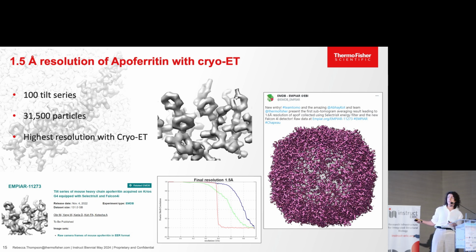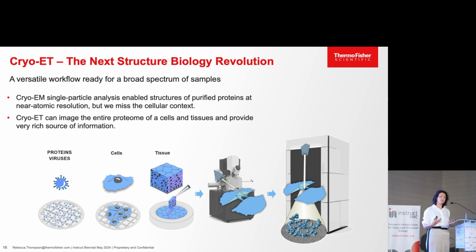With 100 tilt series and about 31,000 particles, they were able to achieve a subtomogram averaging structure of 1.5 angstroms of their apoferritin. But of course, this isn't solving structures inside cells, which is where we would like to move towards.